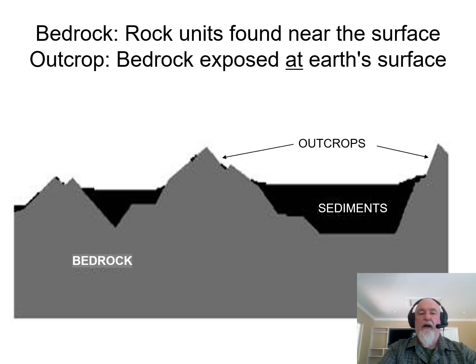Okay, bedrock, rock near the surface of the earth. A lot of times bedrock is covered over by pieces of rock that got weathered and eroded away, maybe from up here, and then rolled downhill and started to cover over some of this lower bedrock. So these are sediments right here. These pieces of rock, again, sediments over here. So if you were located right here in the middle of this valley, you'd have to dig down to get to the bedrock.